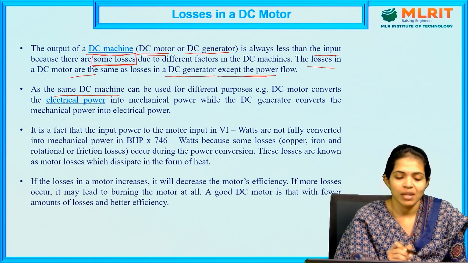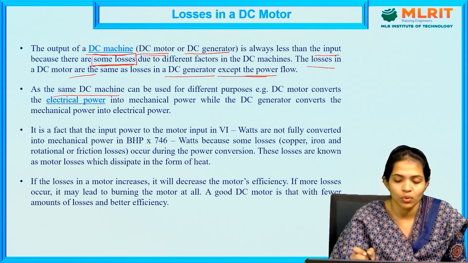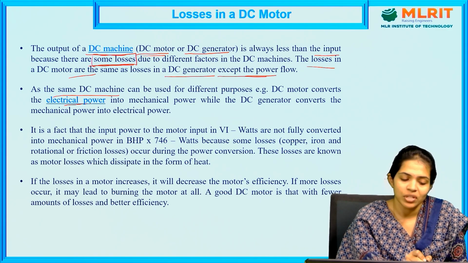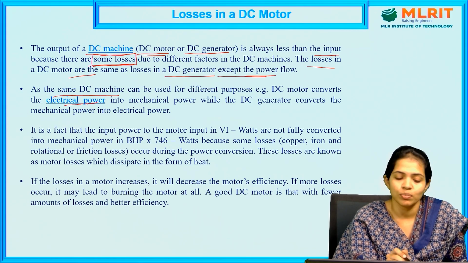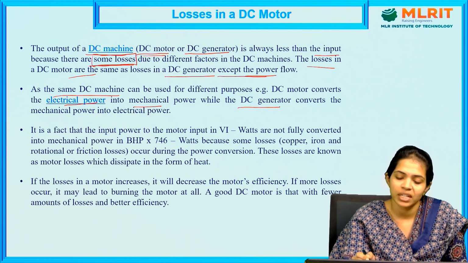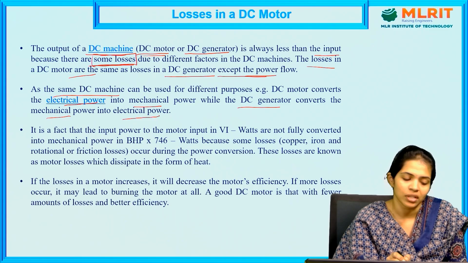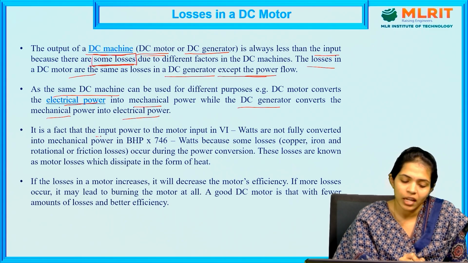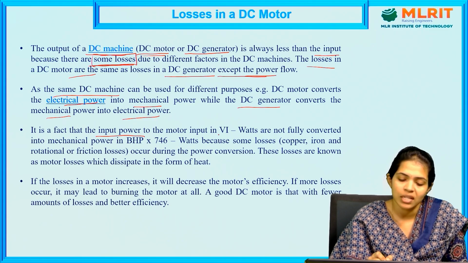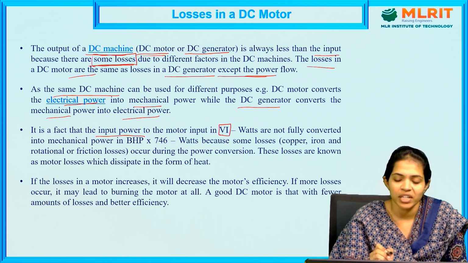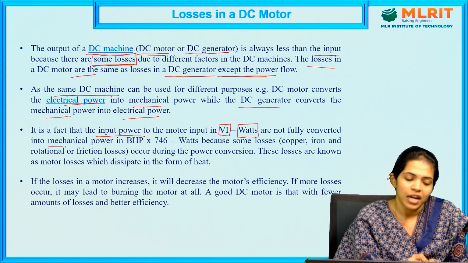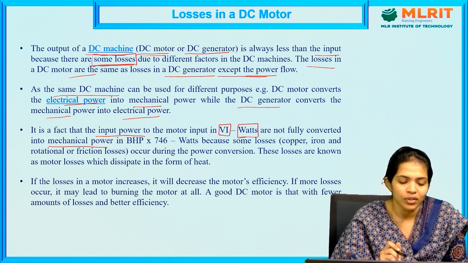As the same machine can be used for different purposes, a DC motor converts electrical to mechanical and a generator converts mechanical to electrical. The input power to the motor is voltage multiplied by current, in terms of watts, and it is not fully converted into mechanical power.